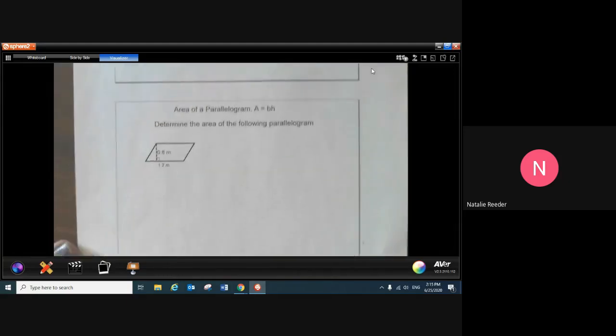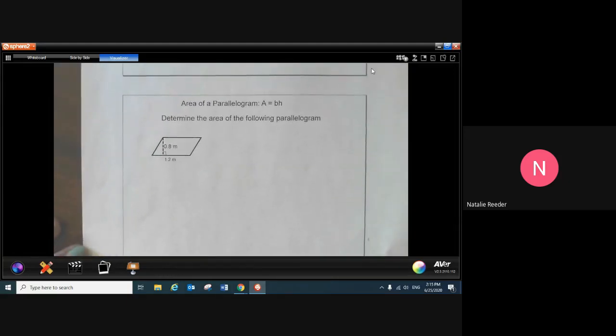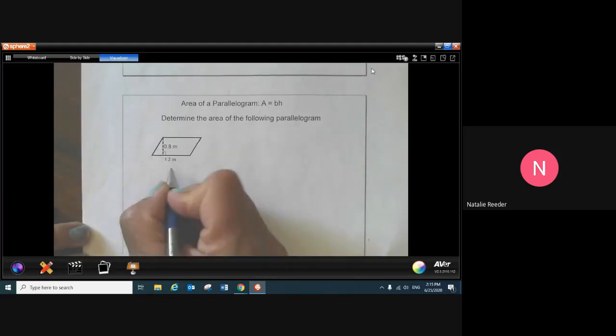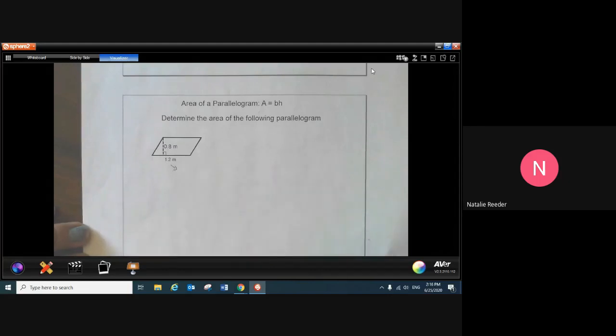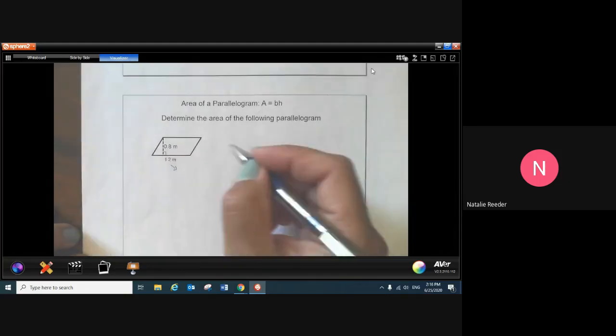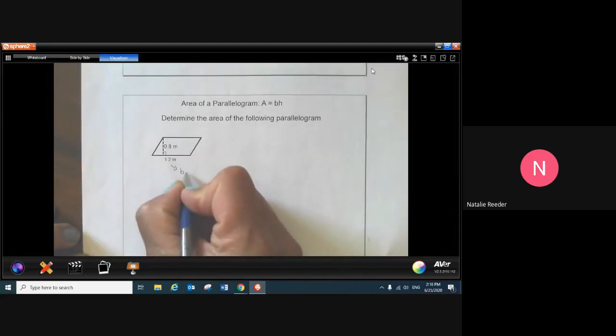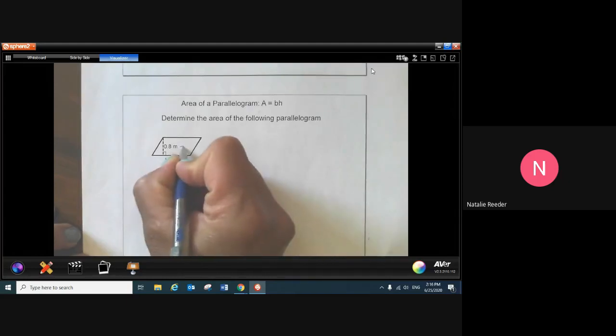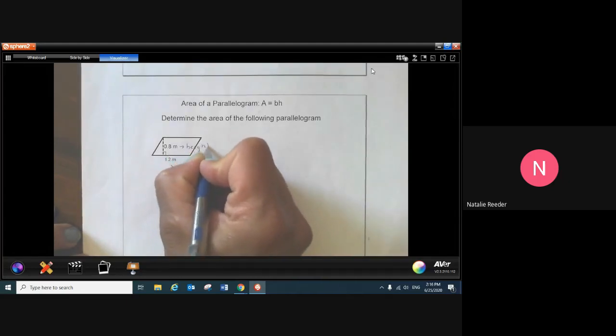And the last shape is a parallelogram. This formula is simple. It's just base times the height. It's pretty much the same thing as a rectangle. Rectangle was length times the width. Here it's base times the height. 1.2 in this parallelogram is my base, and 0.8 is my height.